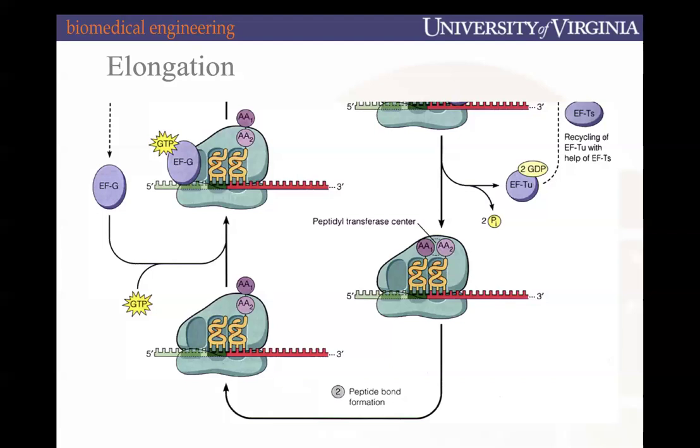Once the right transfer RNA loaded with an amino acid is complementary and anti-parallel to that codon, then the GTPs are hydrolyzed, and EF-Tu will leave and hand off that transfer RNA amino acid complex. Does that help clarify? Okay, thank you for asking that.